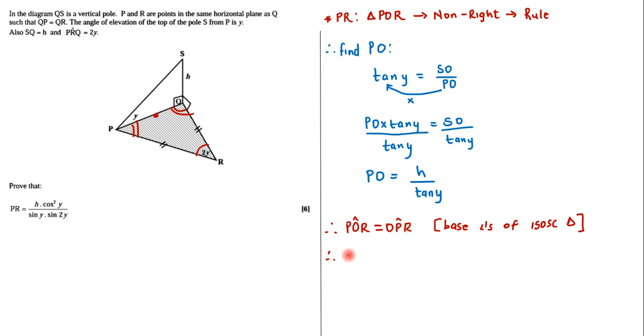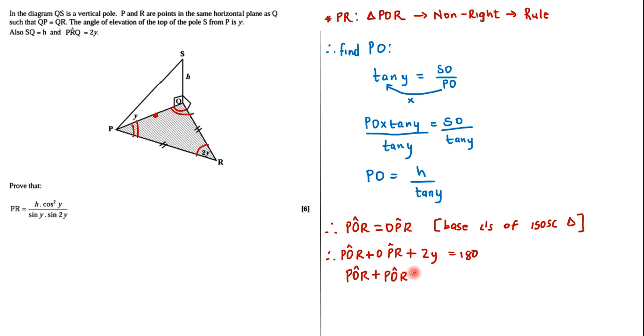Therefore, if I take PQR and add it with QPR, and then add it with angle R, which is 2Y, this should sum up to 180. But these are the same angle, so I can write PQR twice, because that's what I want.